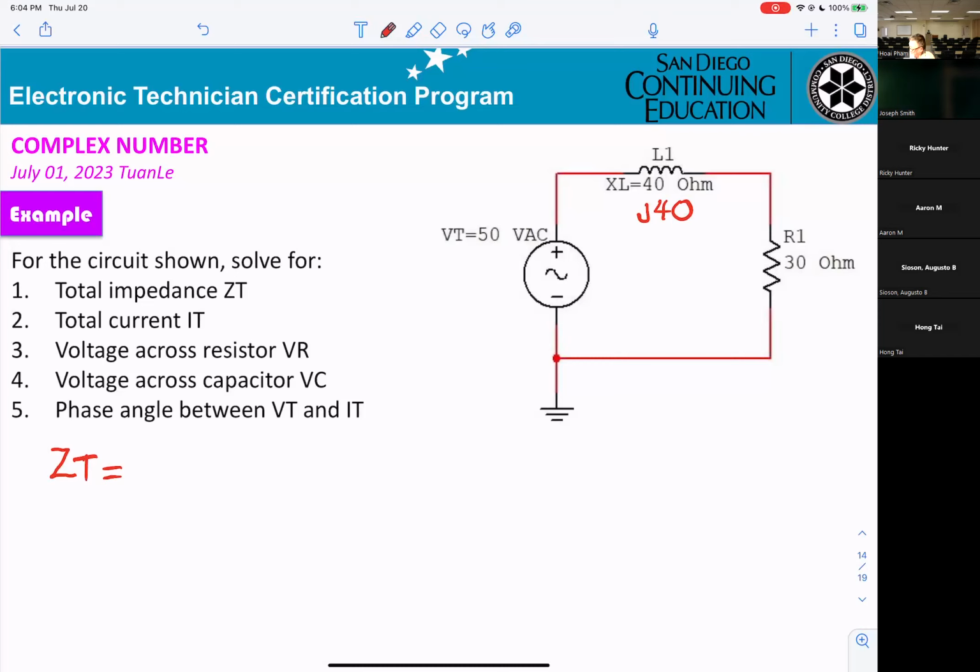That means, okay, for ZT, you got 50 at an angle of 53.1. Right. Plus J 40 equals 50 at an angle of 53.1. Perfect.